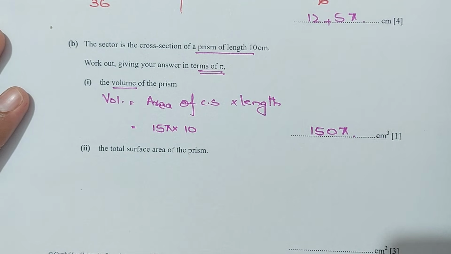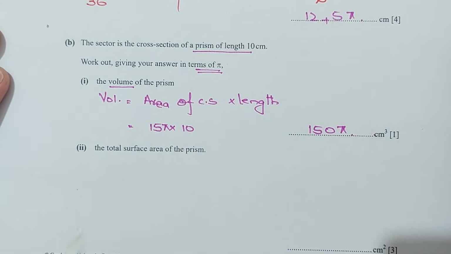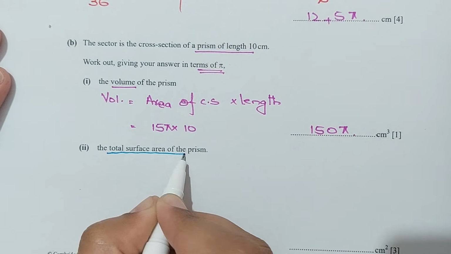Second part, the total surface area of the prism. So let's use a formula to find the total surface area of a prism.